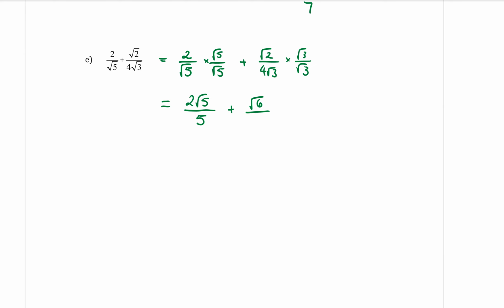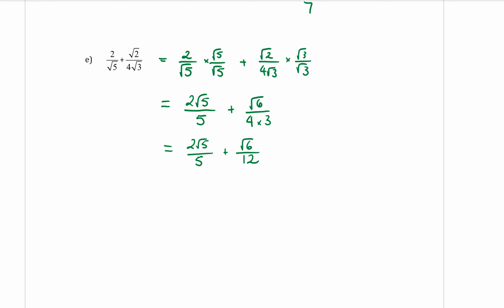On the bottom, the 4 is at the front, but we multiply square root 3 times square root 3 to get a whole number 3. Okay, I just want to simplify the second fraction. So 2 root 5 over 5 and square root of 6, I just want to change the 4 times 3 to become a 12.